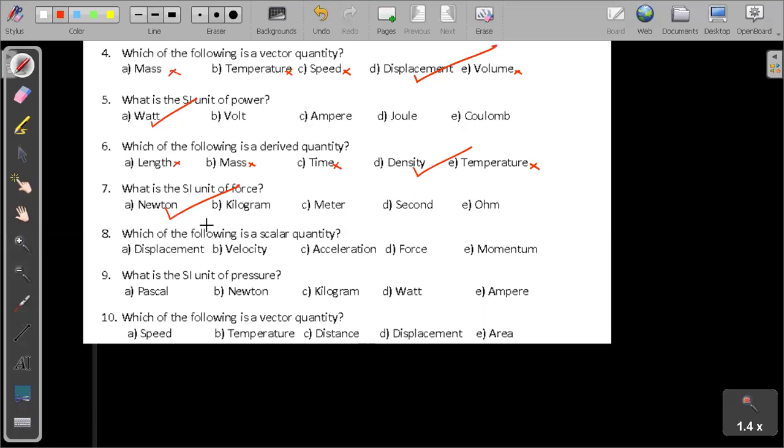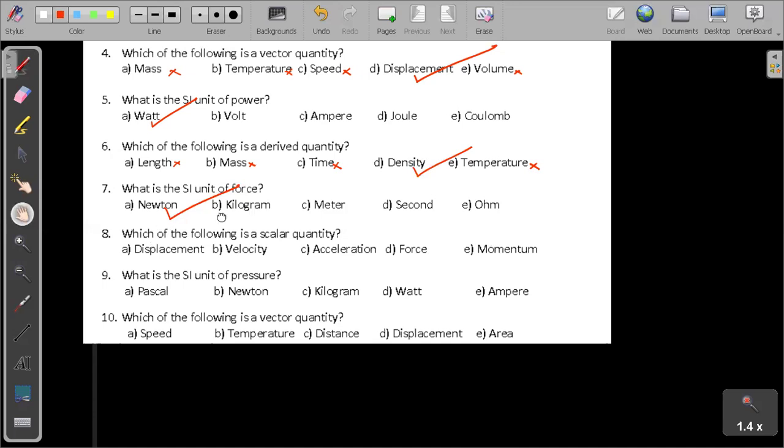Which of the following is a scalar quantity? It is a mistake in the question. Everything belongs to vector. See, this is a vector, this is a vector, this is a vector, this is a vector.